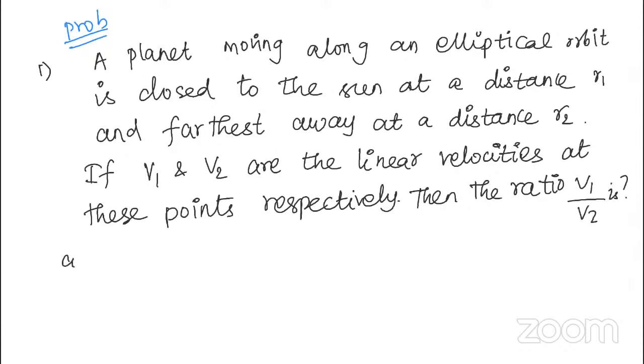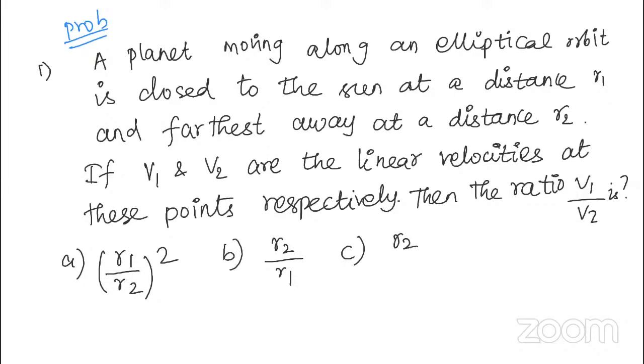The given options are: A, R1 divided by R2 the whole square; B, R2 divided by R1; C, R2 divided by R1 the whole square; and D, R1 divided by R2.